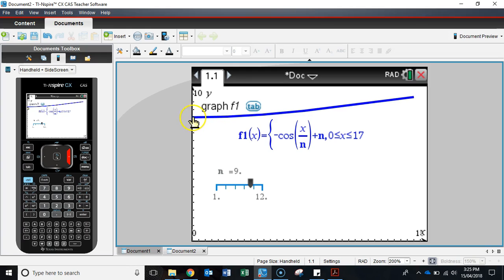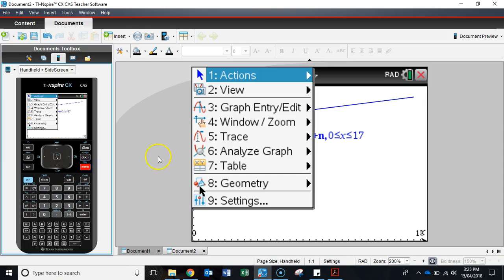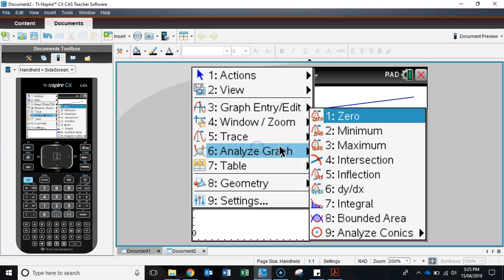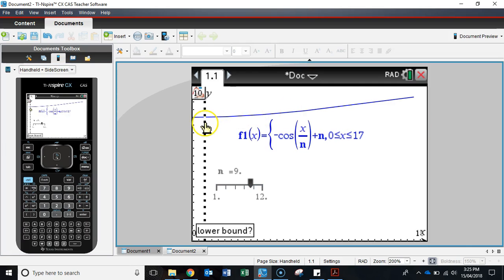It does start here at 8, and we're not quite sure what this value it goes up to is. So let's have a look. We will get those values. Menu, analyze graph. Might as well get this value here. Actually, that's not going to work. It is 8.